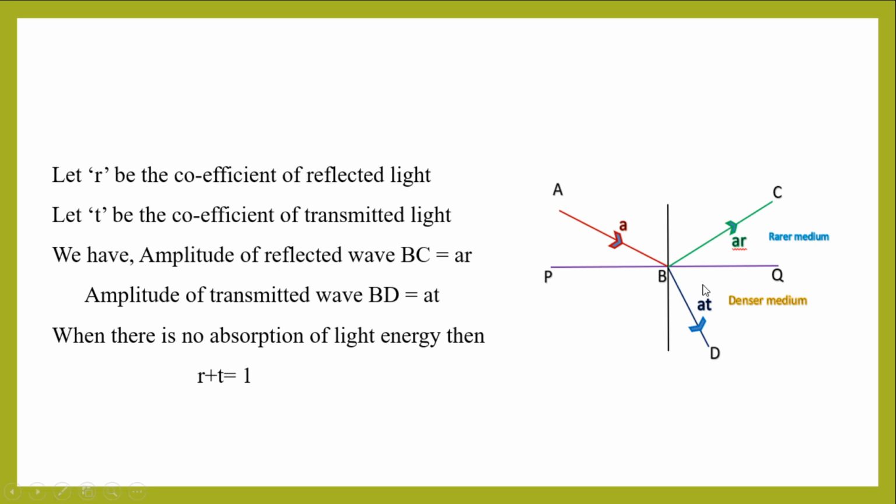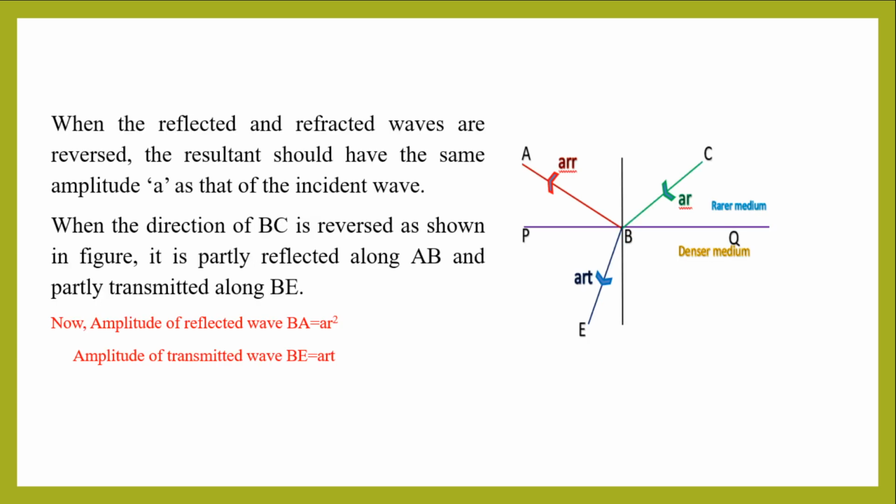This reflected and refracted or transmitted light rays can be reversed. That is, when the reflected and refracted waves are reversed, the resultant should have the same amplitude A as that of the incident wave.